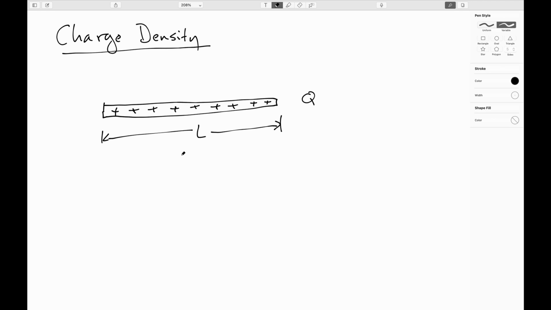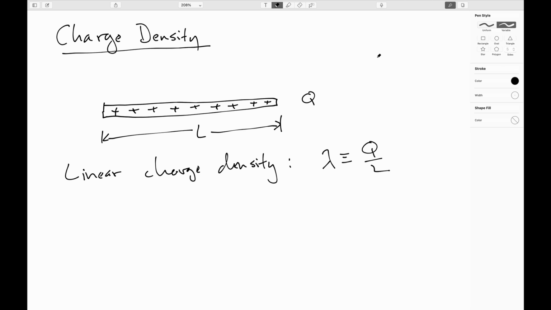So to build up a little bit of the machinery we need to do this, we need to talk about how the charge is smeared out over, say, some length. So here, if your charge is distributed out over some length, we call this a linear charge density, and we will say that it is equal to the charge per length.